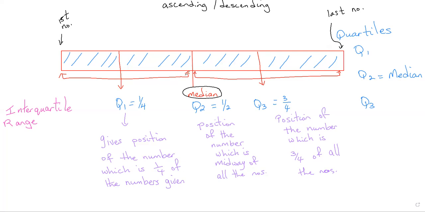Now, with respect to the quartiles, I can take the numbers. So I know what is the median. We've been finding the median for quite a while. Now, in order for us to find Q1, I can take all of the numbers which are before my median, and I could find the midpoint of that.